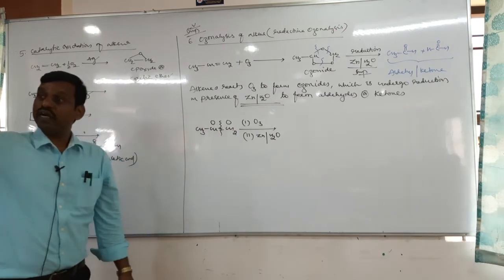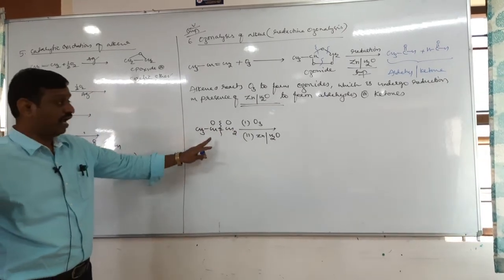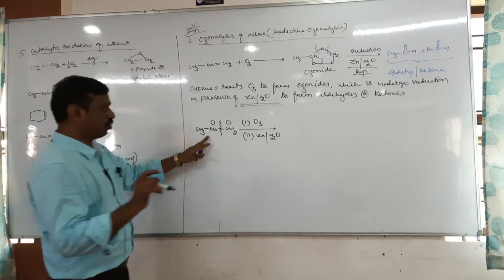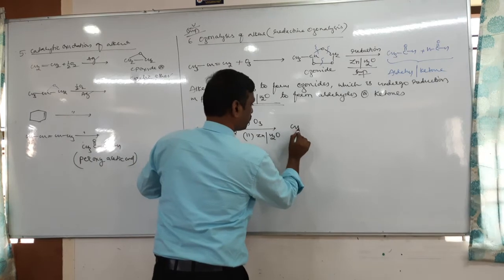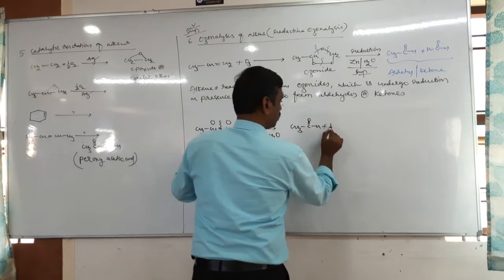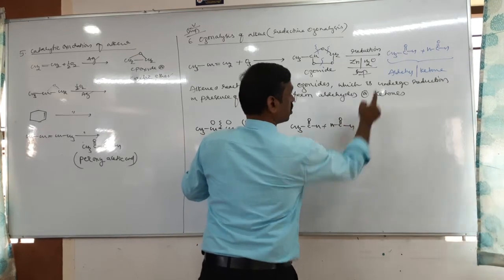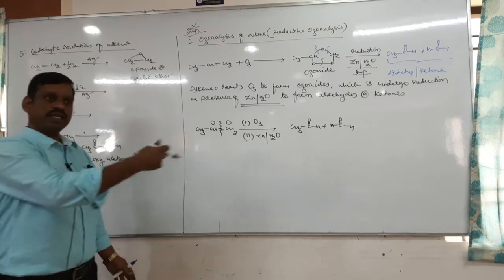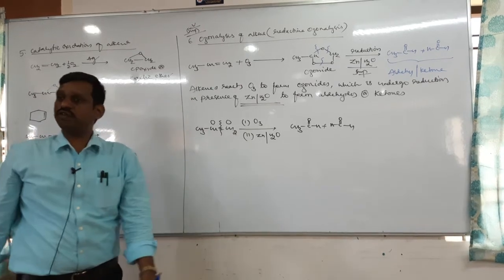In oxidation we added two oxygen. Here we add one oxygen. So tell me, it becomes what? CH3 C double bond O, H C double bond O. Same or not? Very simple. Break the double bond, add oxygen to each carbon.